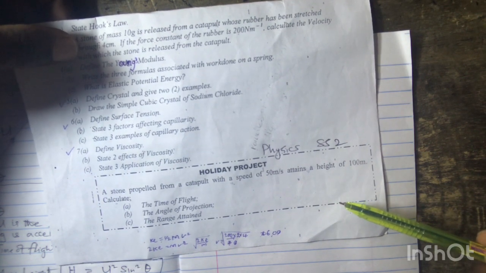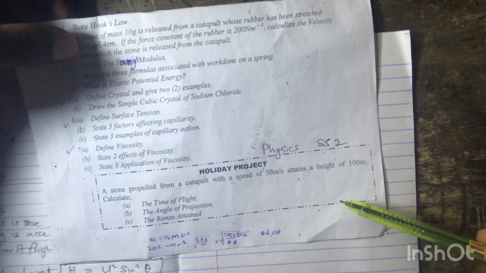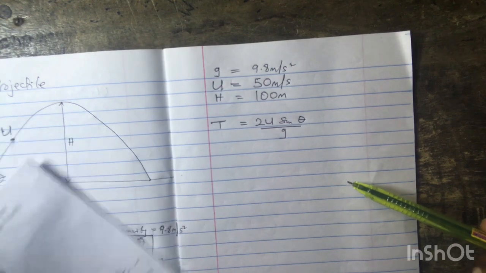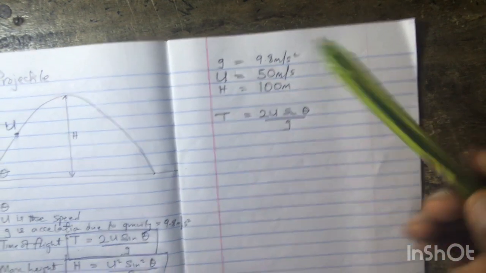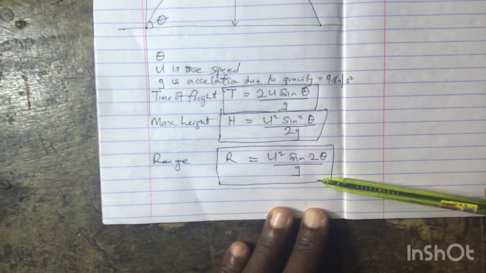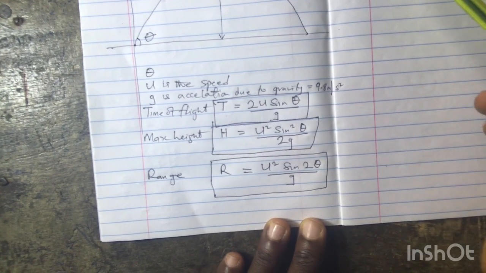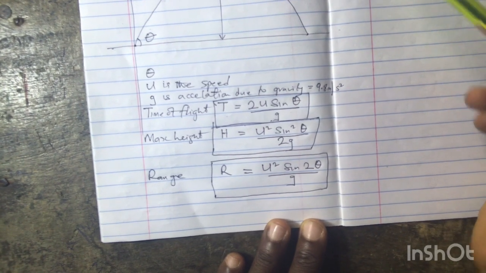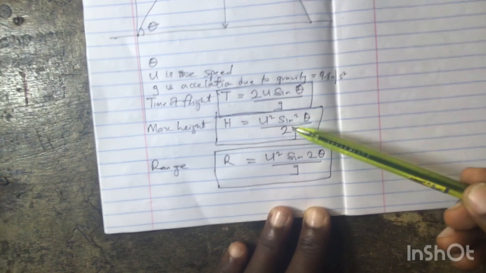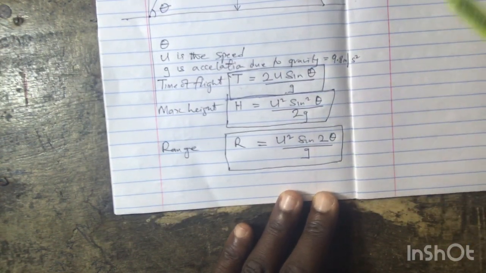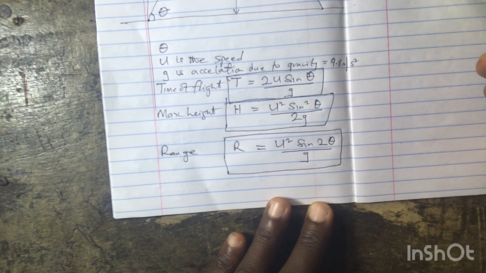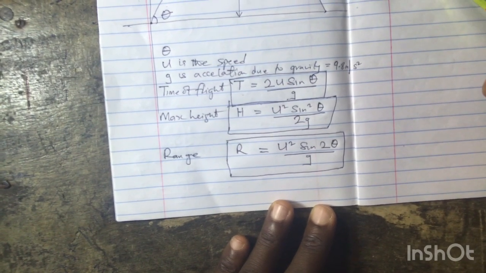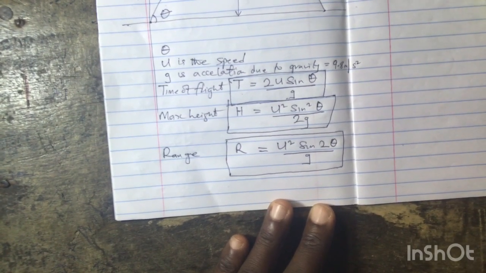Okay, what can we do to calculate the angle? So look for a formula here that has the angle, because you are looking for the angle, the one that has the angle and has the speed and has all that you have, maximum height.